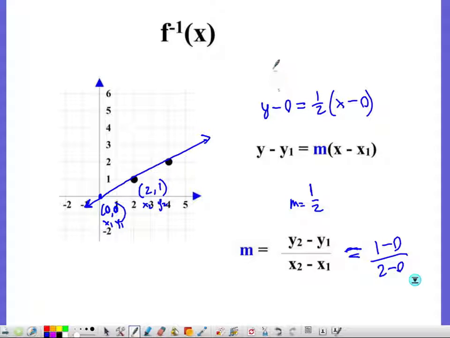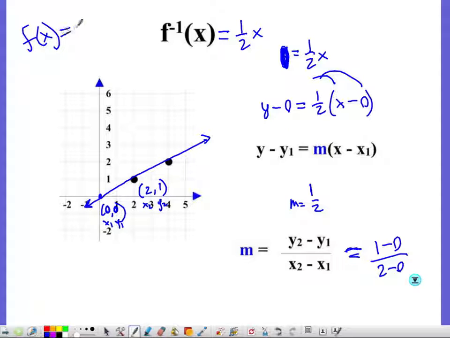When we simplify this, we distribute the 1/2, and ultimately what we are left with is 1/2 x. So the inverse is 1/2 x because we're going to replace this y with the inverse. Our original function was f of x equals 2x, and now our inverse is 1/2 x.